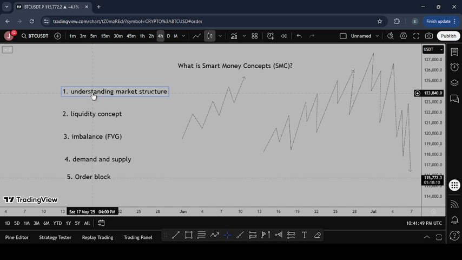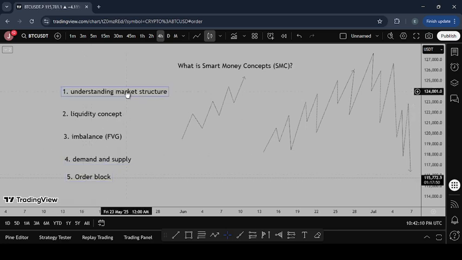An order block is just the last zone, the area before that impulsive move happens, the demand area or the supply area before the impulsive or aggressive move happens. We will understand what an impulsive or aggressive move is when we are talking about understanding market structure.